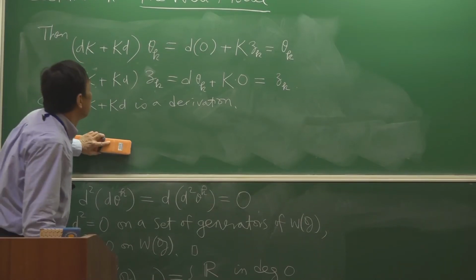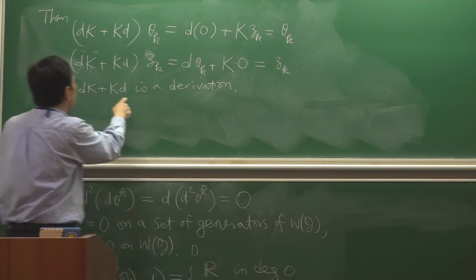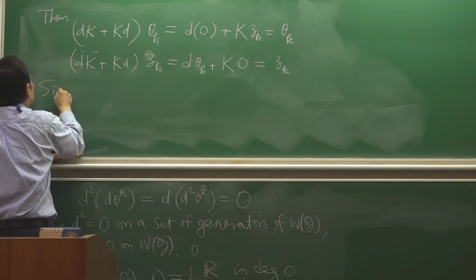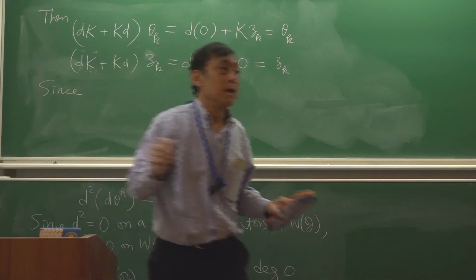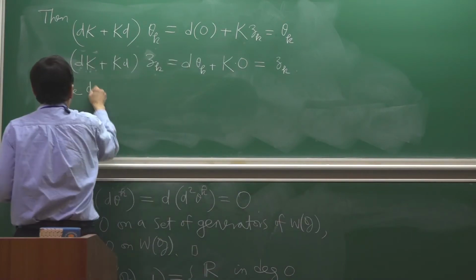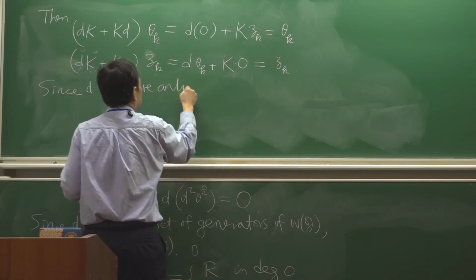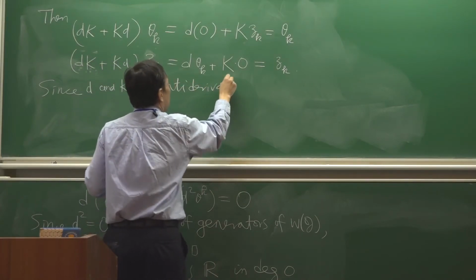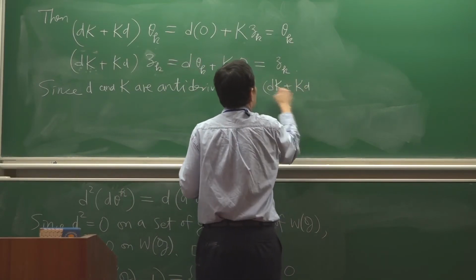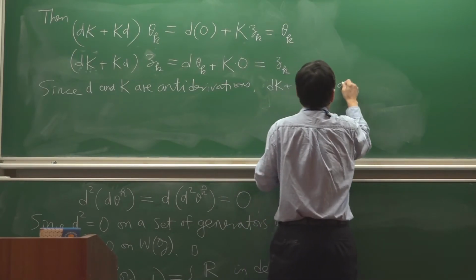What I want to say is that since D and K are antiderivations, dk plus kd is a derivation.